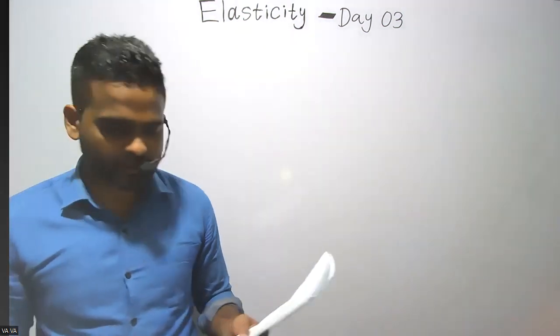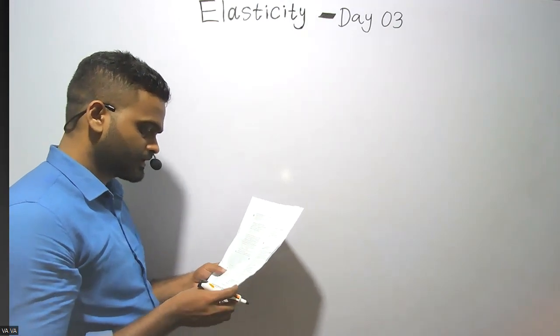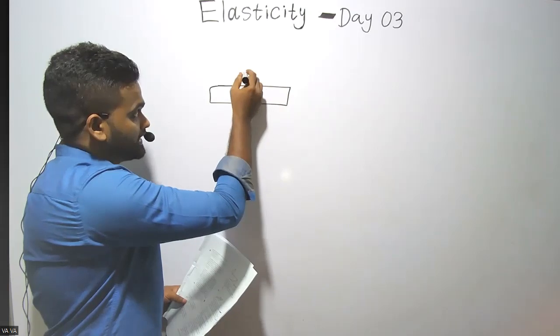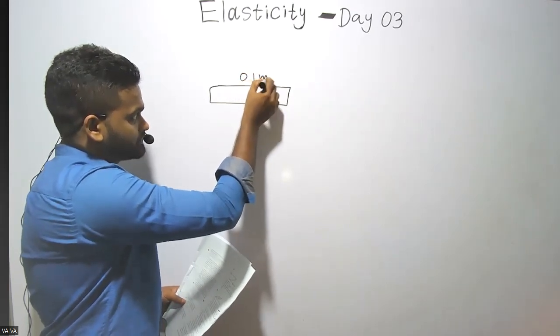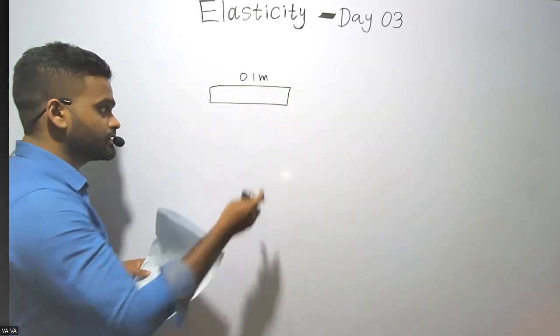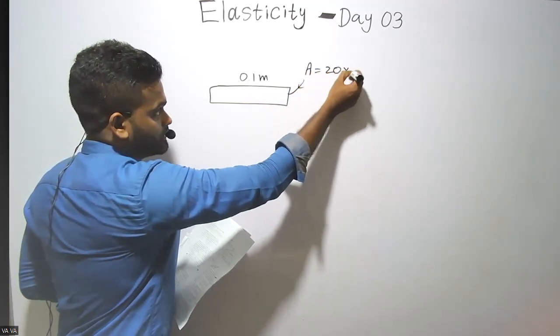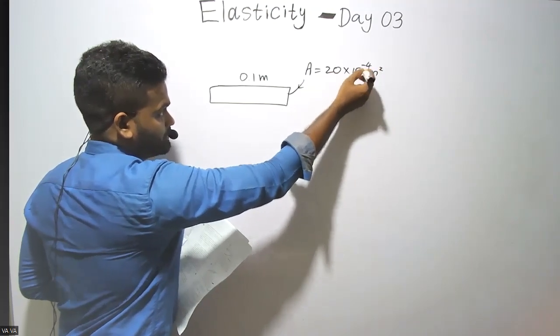Right, so we have an aluminium rod with length 10 centimeters. I'll convert that into meters, so divide by 100. Cross-sectional area 20 square centimeters; converted to meter squared, it becomes 10 to the power minus 4.